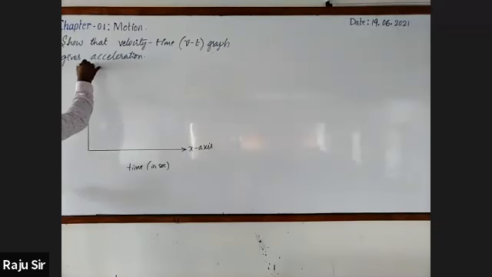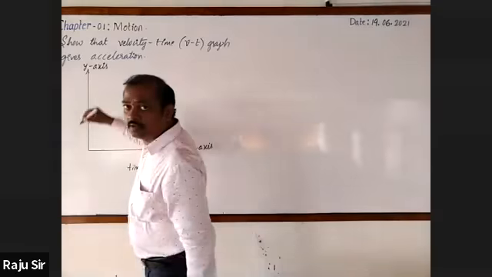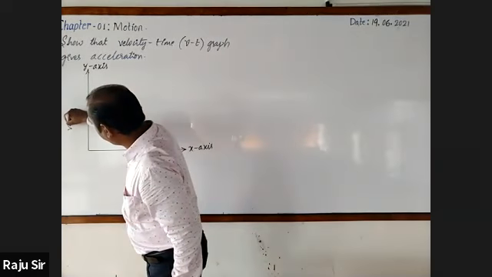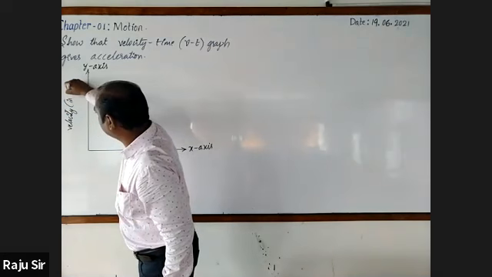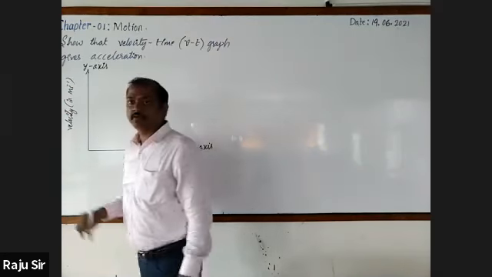And the Y axis, in this case, is called the velocity axis. Velocity is measured in meter per second. Write that. Velocity, in bracket, you may write in meter per second.